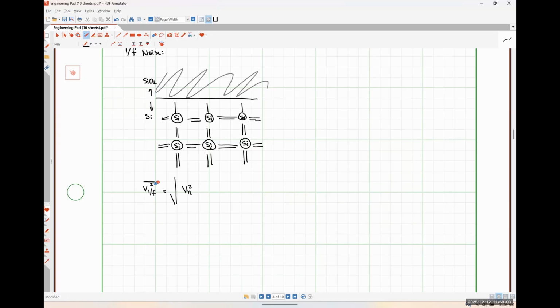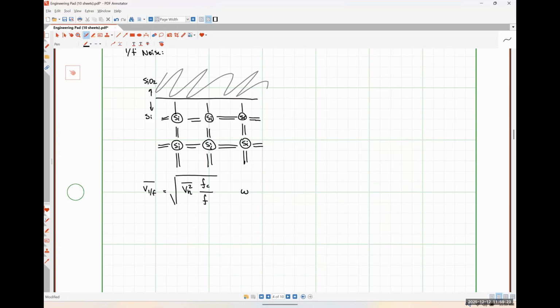Actually, sorry, there shouldn't be a square symbol right there. My apologies. It's going to be our power spectral density multiplied by what's called the ratio of our corner frequency over our frequency of interest.